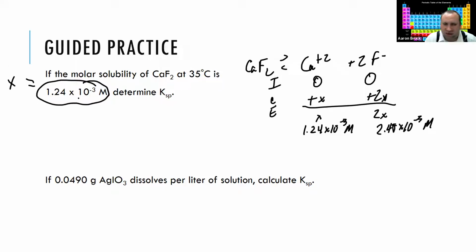Again, we're just doubling X, which means that KSP is equal to the calcium concentration, 1.24 times 10 to the negative third multiplied by 2.48 times 10 to the negative third squared.